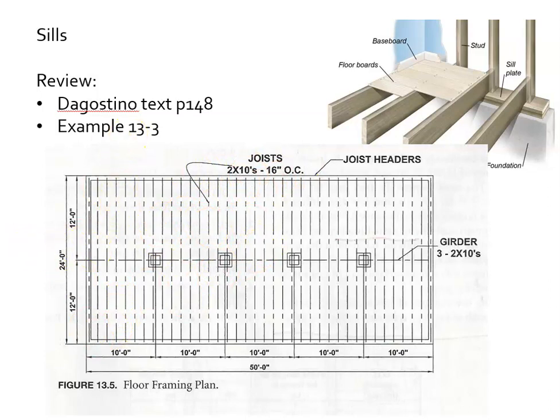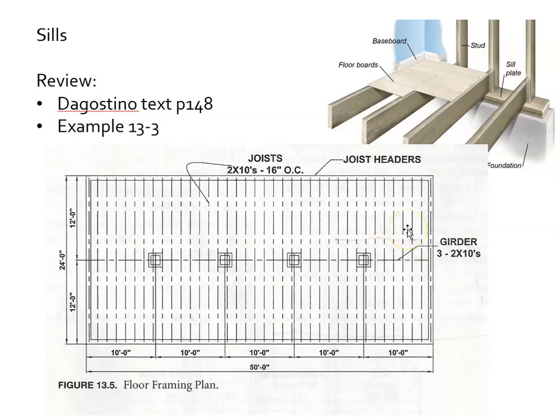I don't have his calculations, but it's pretty easy to figure out that we need to get around this building, and the sill plate is sitting on top of the foundation wall: 50 feet plus 24 feet plus 50 feet plus 24 feet. And yes, there is sill here, even if the joists aren't resting on it. The end joists have to rest on it.